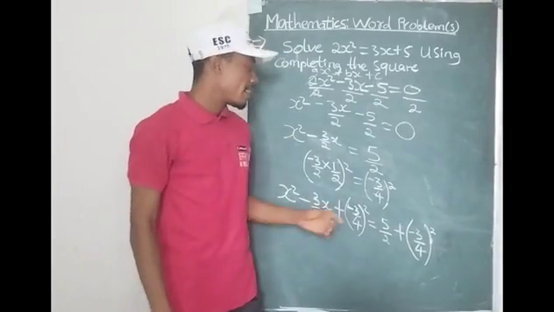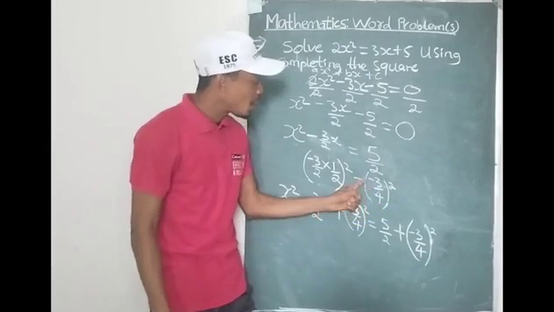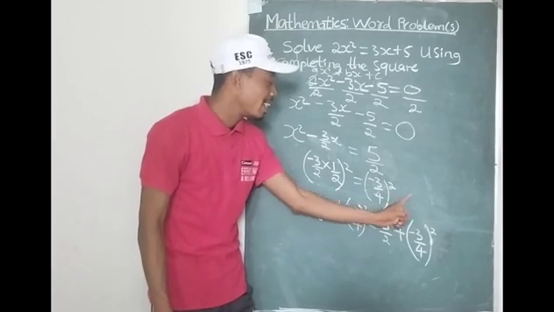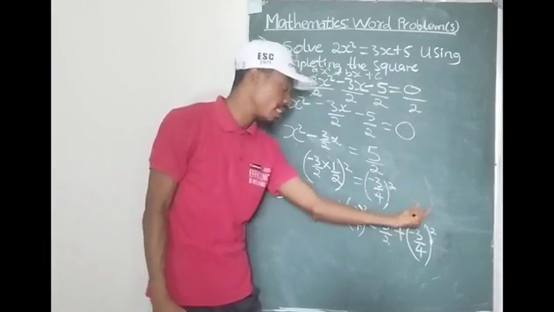Now, it's important to note that I had the full right to open up this bracket, and this is going to be 9 all over 16. Minus 3 squared will give me 9, 4 squared will give me 16.